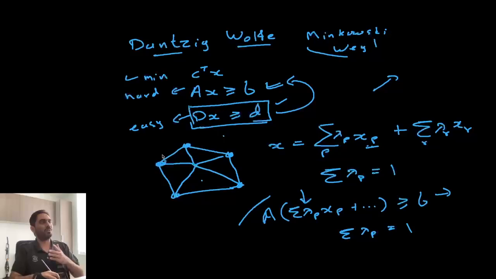It will be one of the extreme points of this polyhedron, which, as I said, is easy to solve. That's my entire focus. And since it's easy to solve, we can very quickly find an extreme point that gives us negative reduced cost, and then we add that extreme point inside this formulation. So that's how we solve this problem.